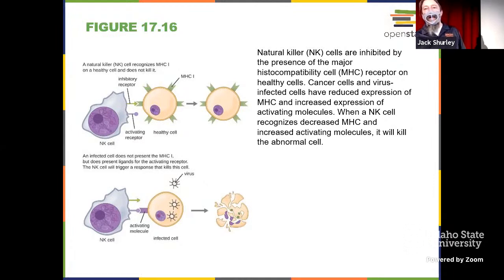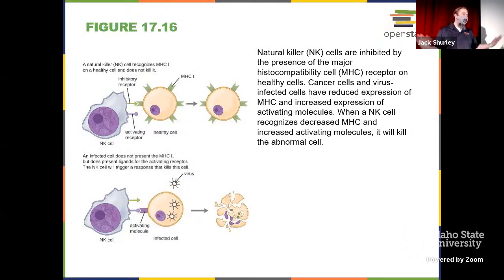So natural killer cells get inhibited by the presence of major histocompatibility complex receptors on healthy cells. So this bit up here is a normal situation, a healthy situation, I should say. So here's your own cell. It's got its MHC1. So this is our own, and we'll hit some details with the MHC complexes in a second, but we've got it right now.